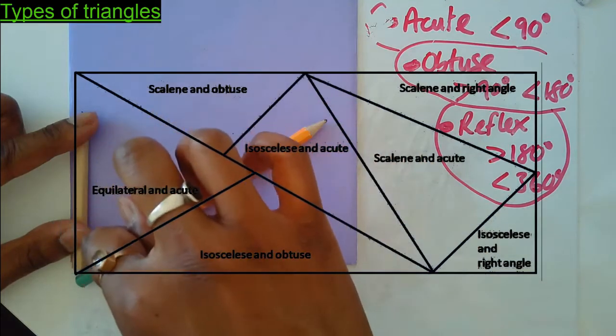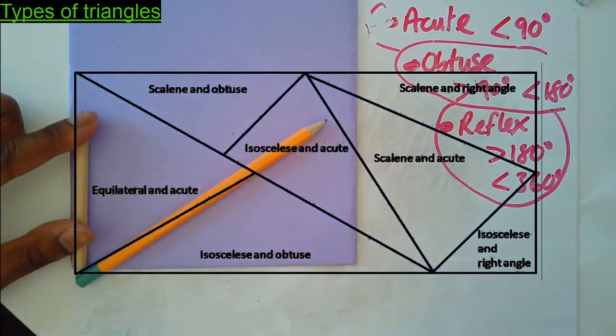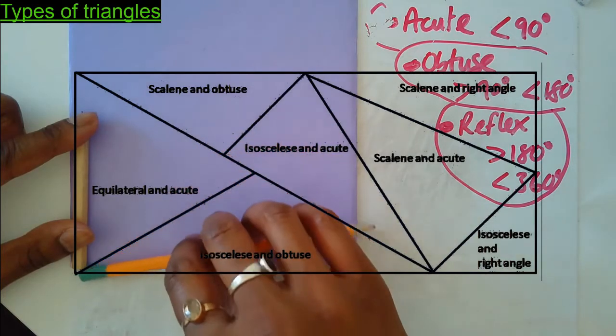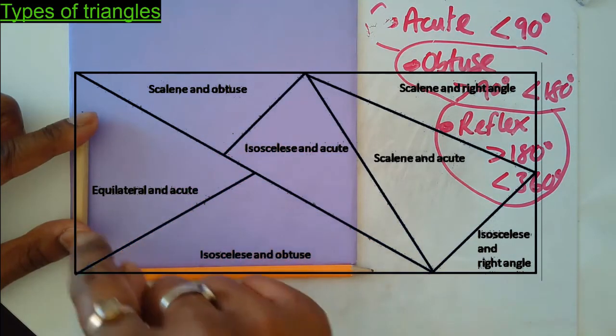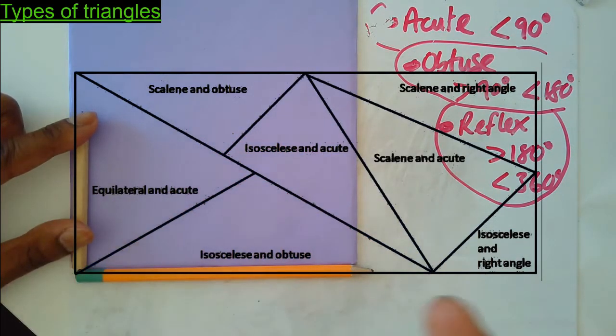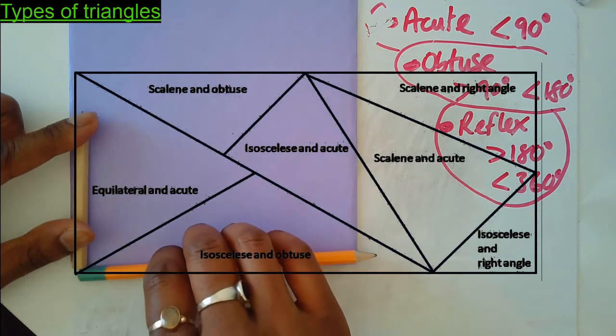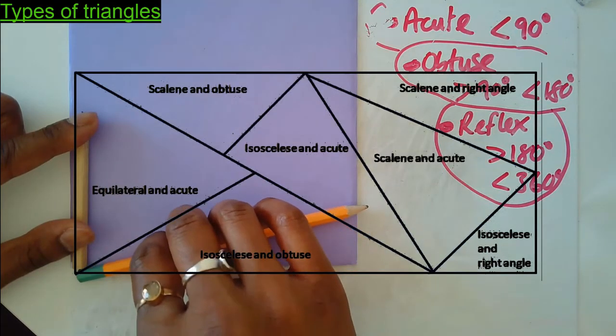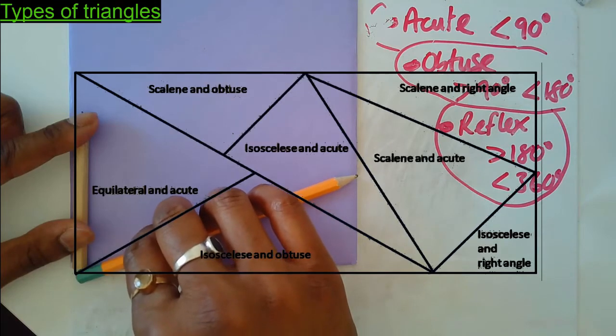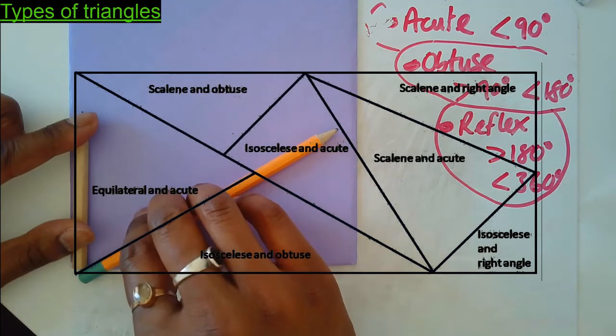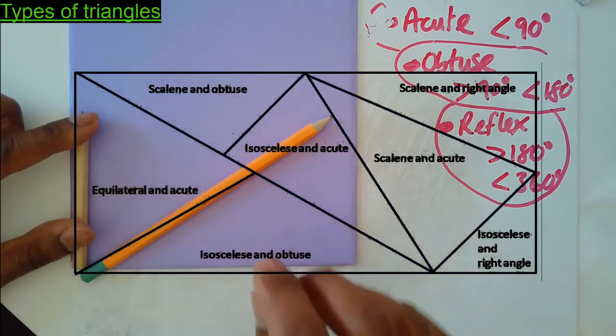So that angle there is acute. If I take it back, these two pencils make 90 degrees. If I start moving the pencil inwards towards the other pencil, it automatically becomes acute. So remember, this angle is acute.